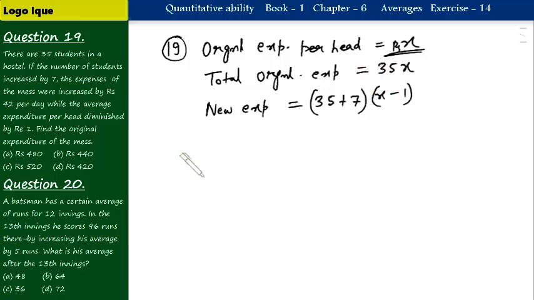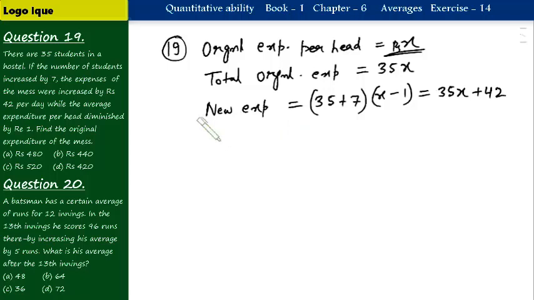Also, it is given that the new expenditure is 42 rupees more than the original expenditure. So 35x plus 42. So for the new expenditure, there are two ways to calculate. One, number of people into the average: the number of people increases by 7 and the average per head decreases by 1. And the other way is given that the total expenditure increased by 42, so original expenditure 35x plus 42. Solving this equation, we'll get the value of x.